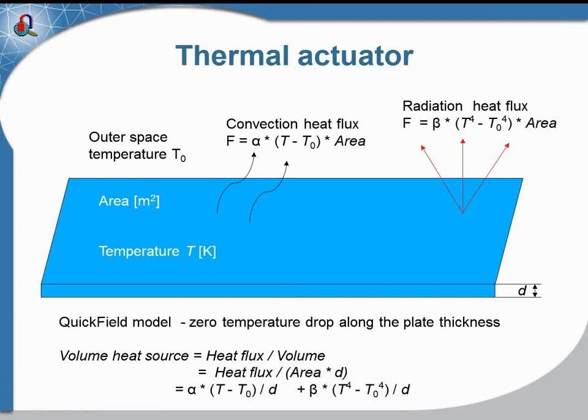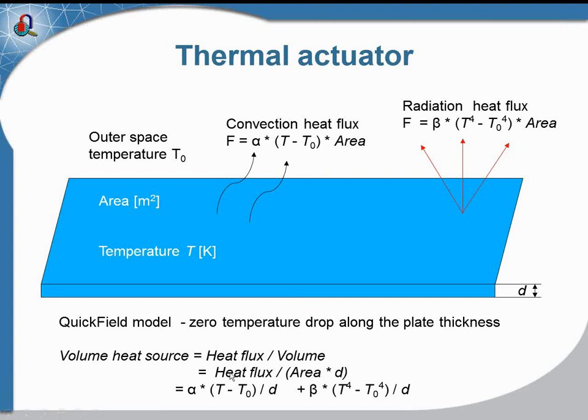To simulate this problem in two dimensions, we can substitute the heat flux that is taken away by the convection and the heat flux that is taken away by the radiation with a negative volume heat source.